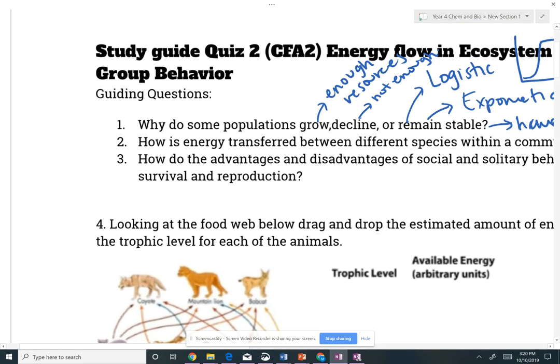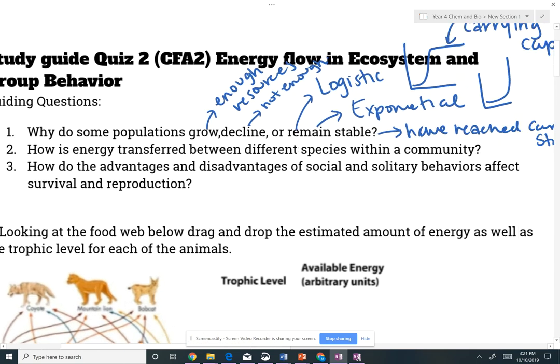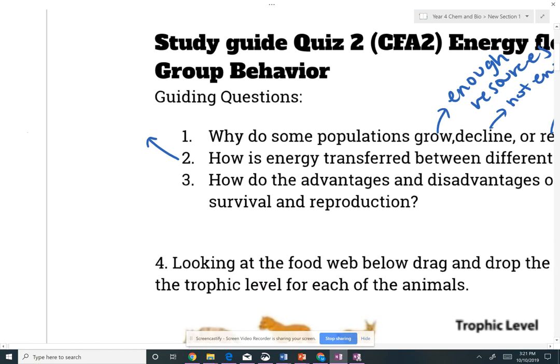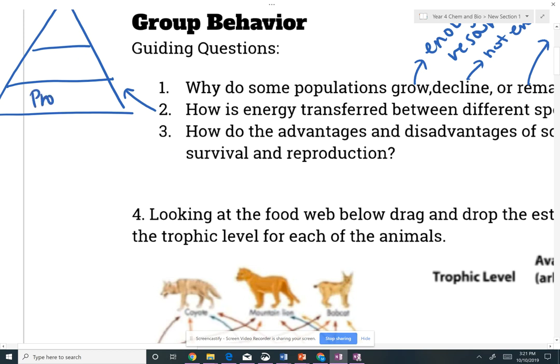Next, we're going to talk about how energy is transferred between species in a community. This leads us into our trophic pyramid. We have our pyramid that looks something like that, and we've got 3 levels going on. We have our producers at the bottom, and producers make their own food.